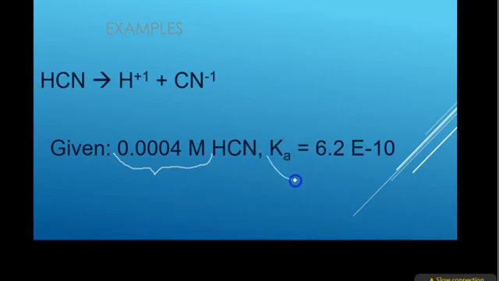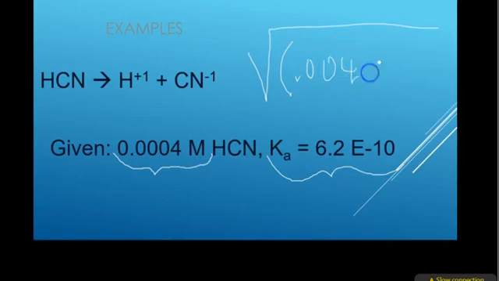Okay, and they're going to give you a Ka value. These two things will be given to you in the problem. So you're going to take the square root of 0.004 times 6.2 e to the negative 10, and oops, I ran out of space, and close your parentheses.